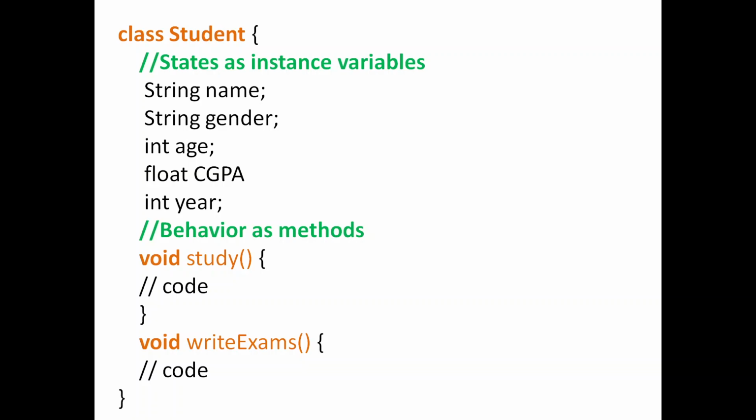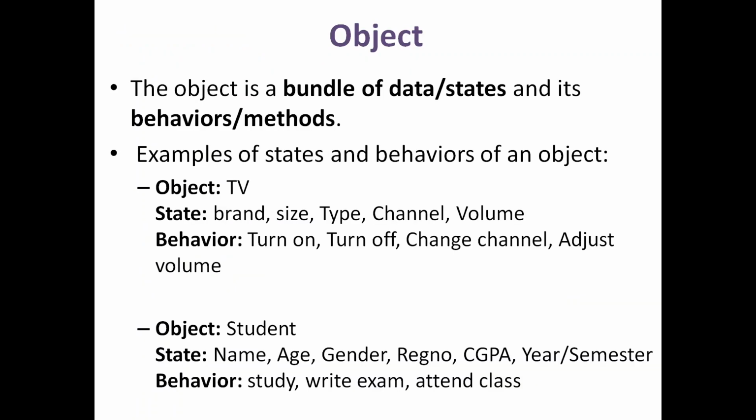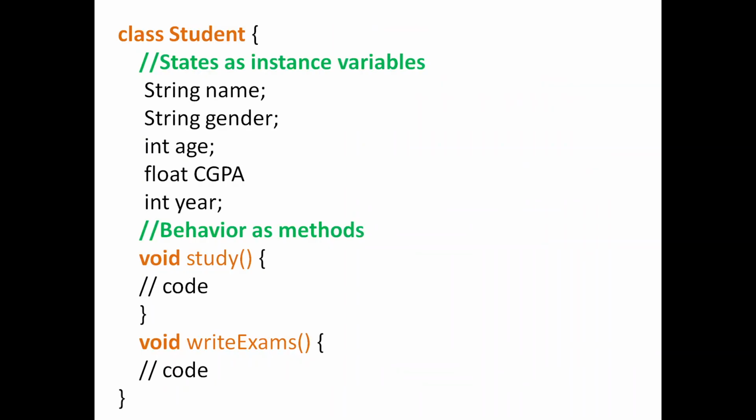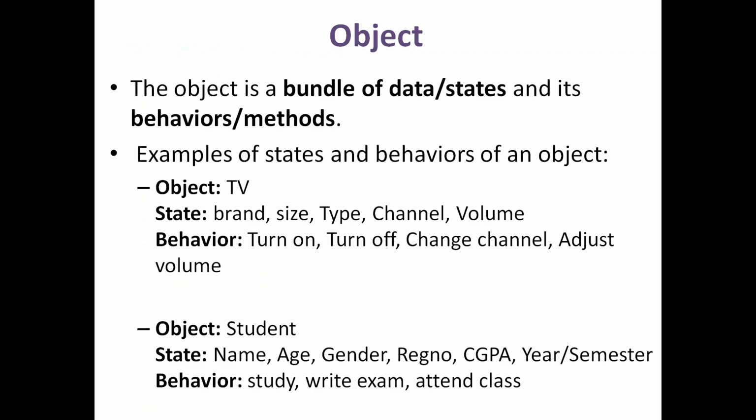Now if you want to create an object for that particular example of a student object, then this is the class definition. This is exactly the way we are going to define the classes in C++ in order to create the desired object. So here we have expressed what our object should look like. We want it to be in the name of student, and we want it to have these states, and we want these behaviors to control these states.